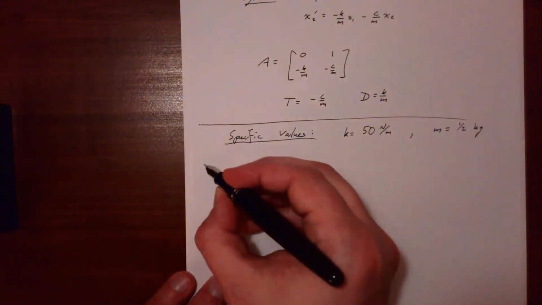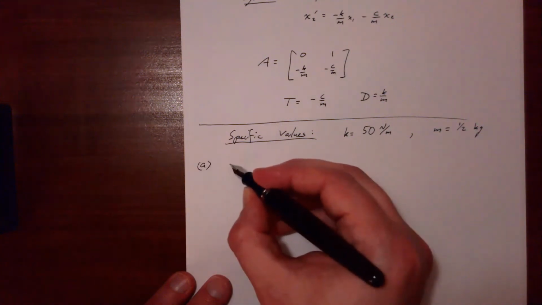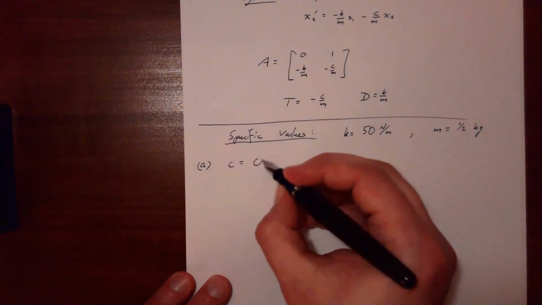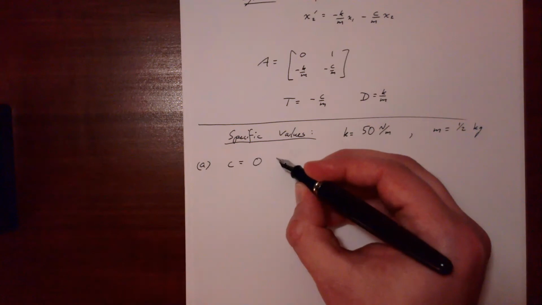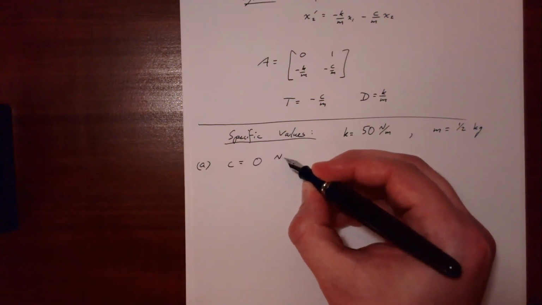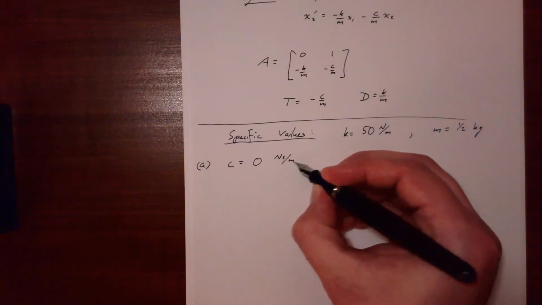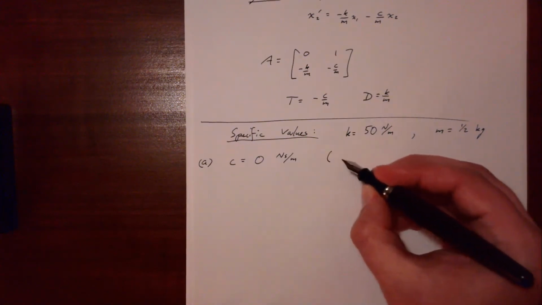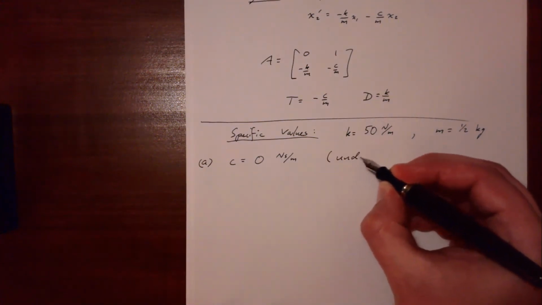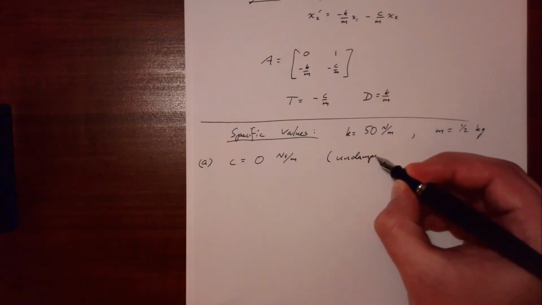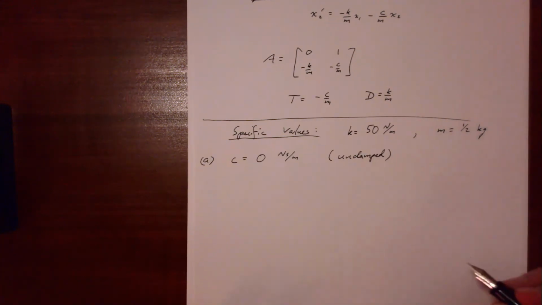Alright, so scenario A, let's set C equal to 0, and for the record the units here would be newtons per meter per second, or in other words newtons seconds per meter. And so this represents the case of undamped oscillation.